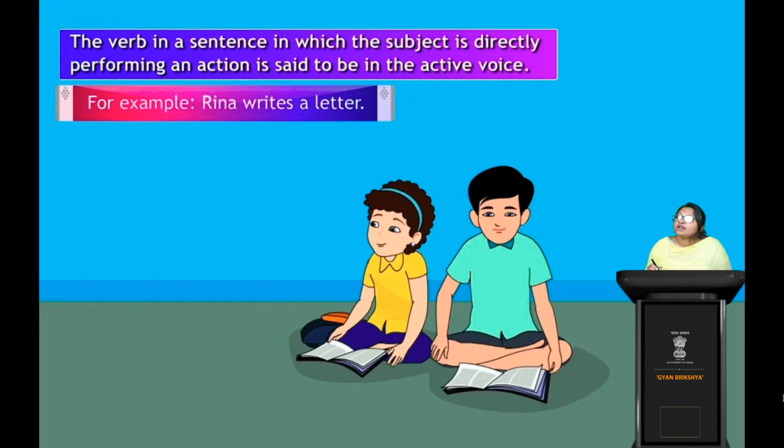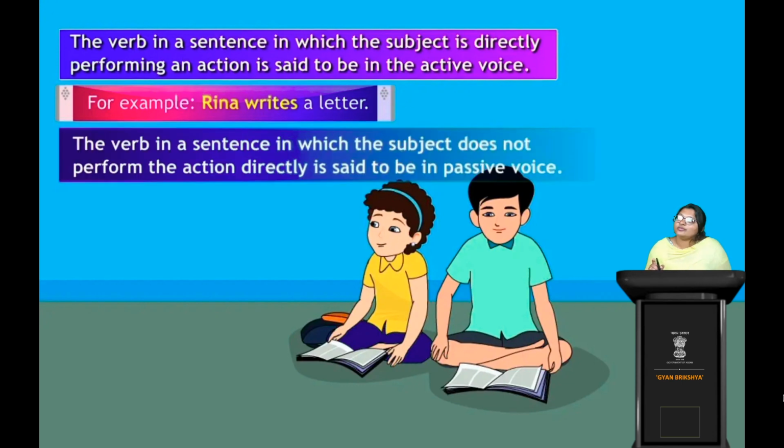Again, the verb in a sentence in which the subject does not perform the action directly is said to be in the passive voice. Let's look at the definition again. The verb in a sentence in which the subject does not perform the action directly is said to be passive voice. When Columbus discovered America, Columbus is the subject; in case of passive voice it goes at the end.